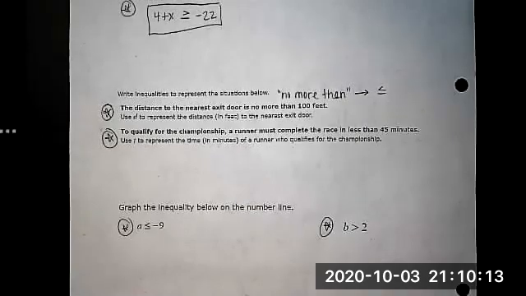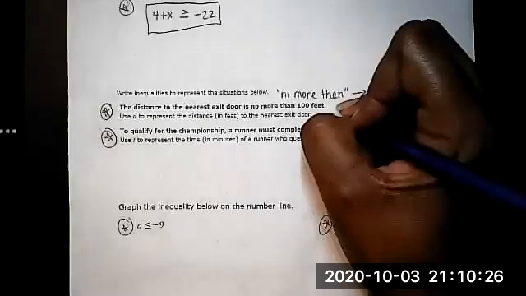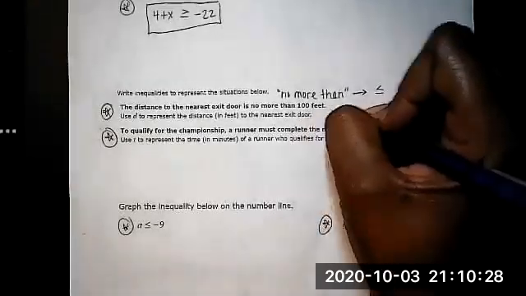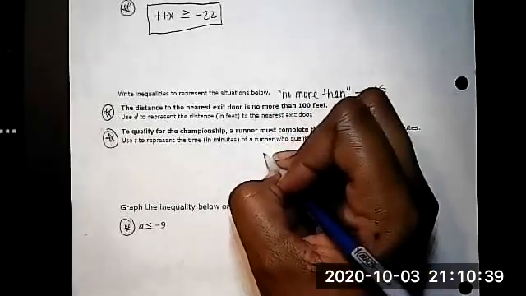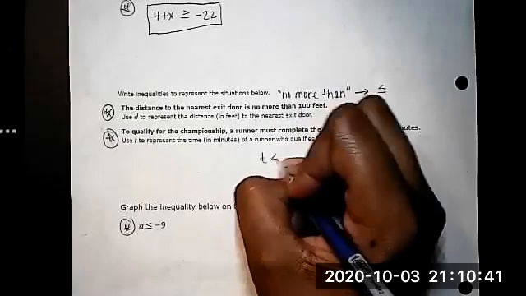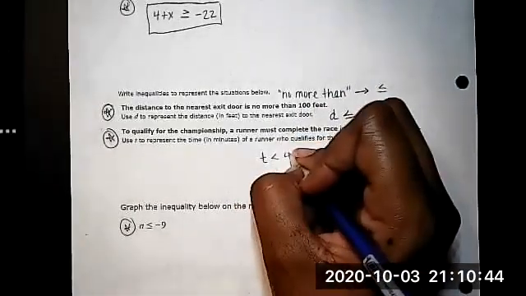If you see it, then you can put it, and as soon as you start to get the hang of it, it won't be as difficult. The distance to the nearest exit door is no more than 100 feet. So basically, the distance is less than or equal to 100 feet. Next one, to qualify for the championship, the runner must complete a race in less than. So his time must be less than 45 minutes.